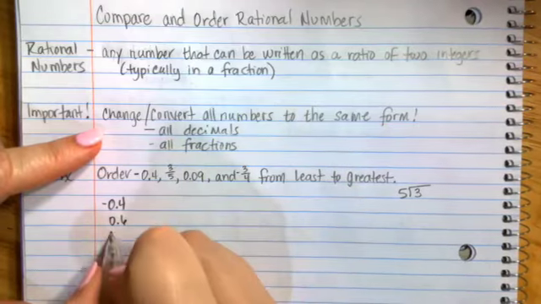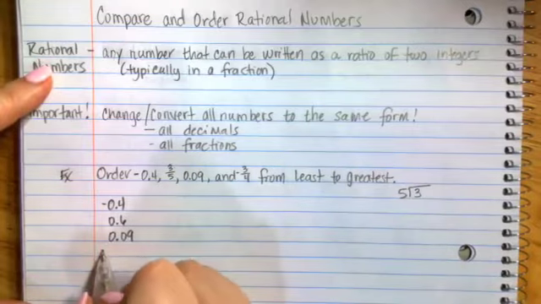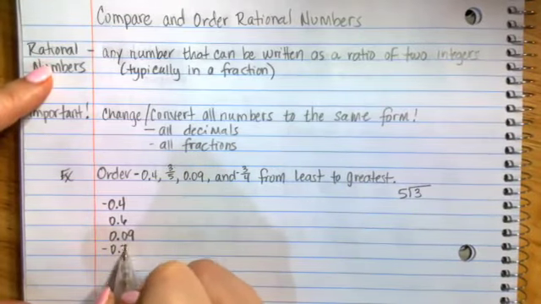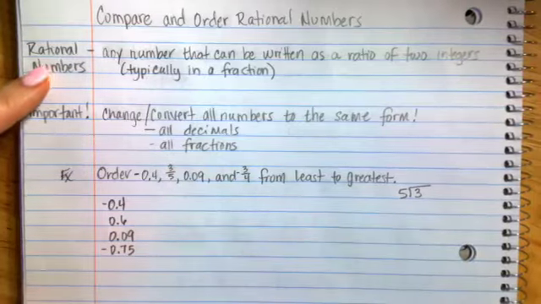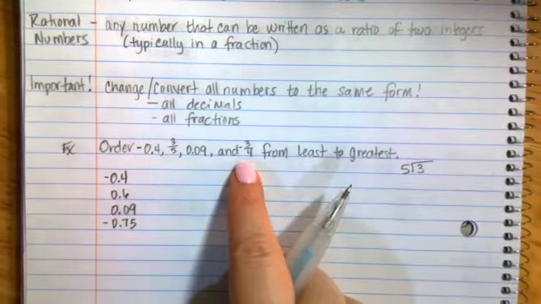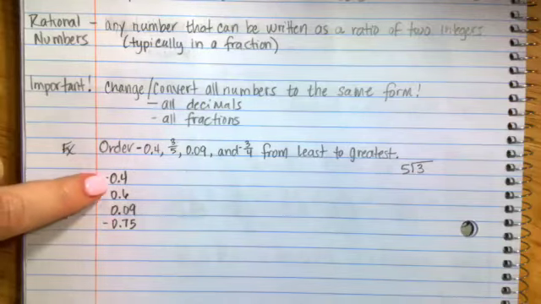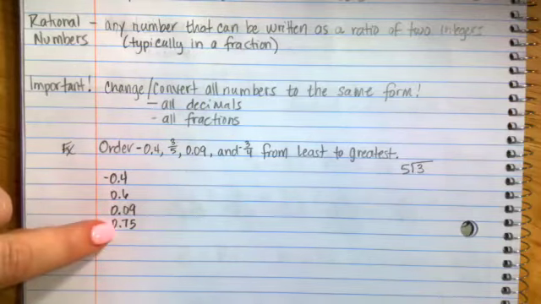Then we have 0.09, and then we have a negative 0.75. If you don't remember how to change fractions into decimals, you need to go back and look at that tutorial.